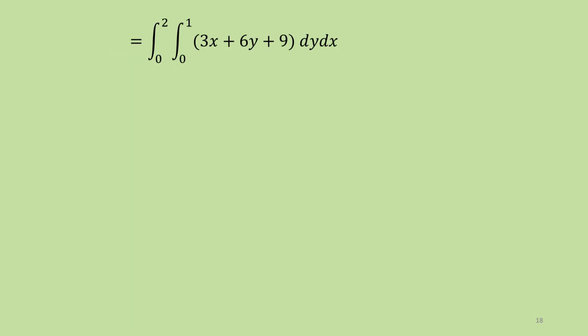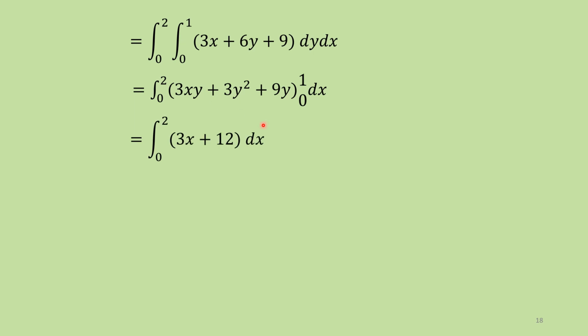So I have to further integrate this 3x plus 6y plus 9 with respect to y between the limit 0 to 1. While integrating with respect to y, x is constant, so that is 3xy plus 6y square by 2, that is 3y square, plus 9y. Apply upper limit minus lower limit, that gives 3x plus 3 plus 9, that is 3x plus 12.